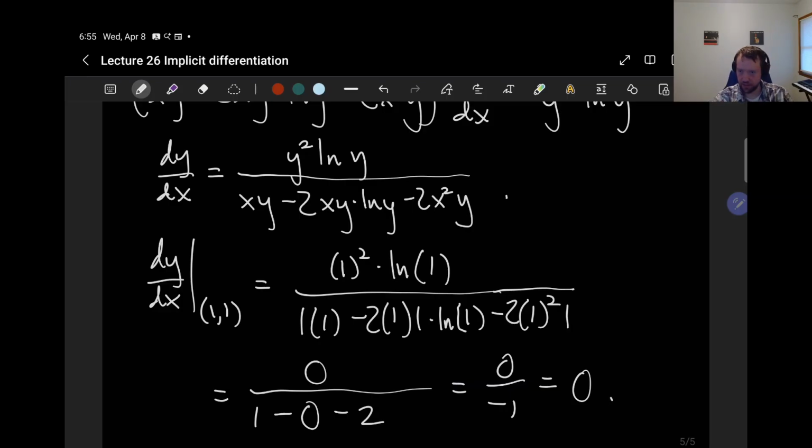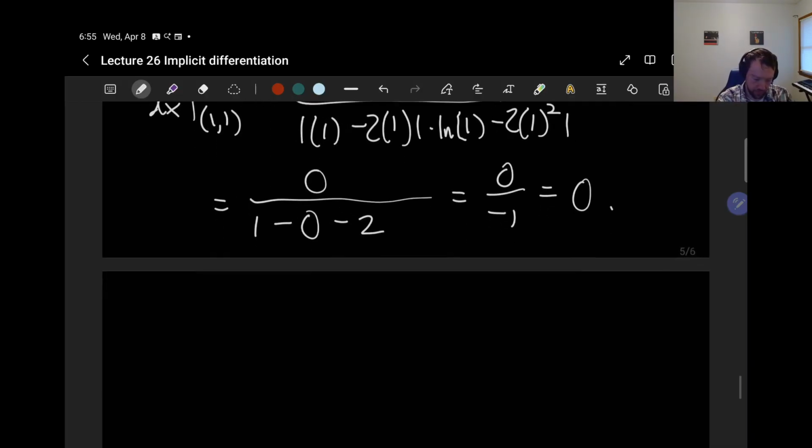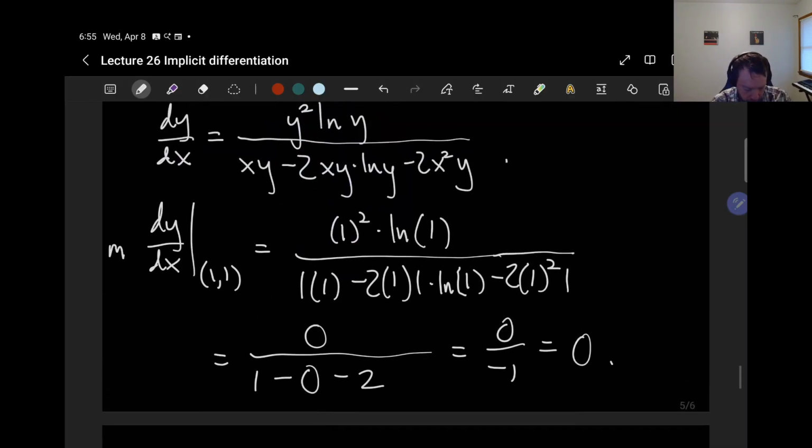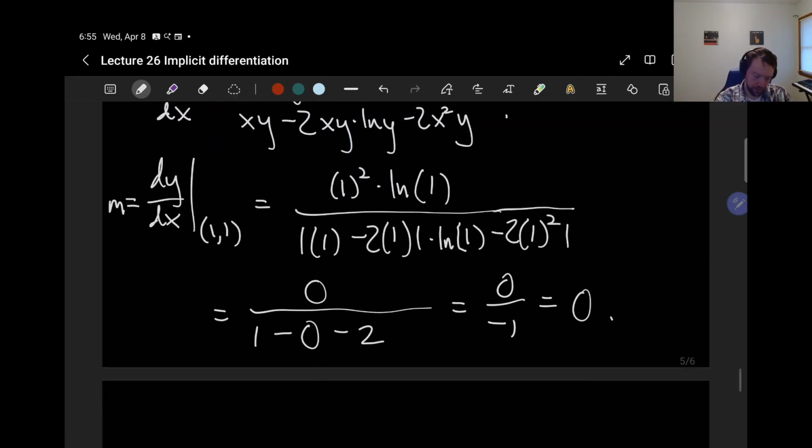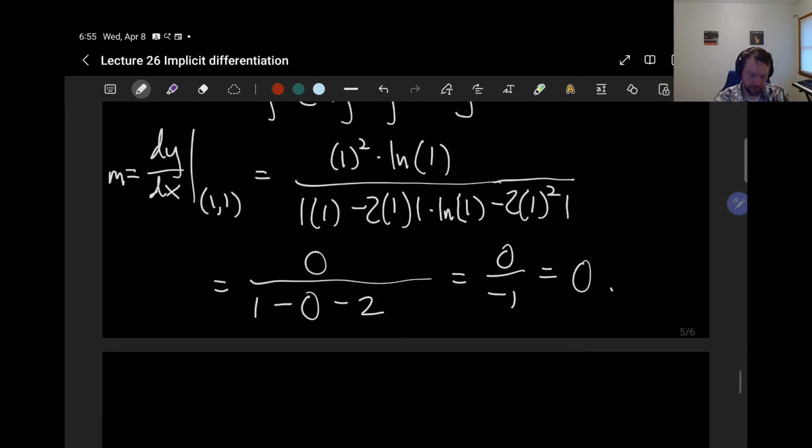So that means the slope of my tangent line is 0. So it's this flat horizontal line, turns out. Oh, this was m, the slope, by the way. I wanted to write that. So that does give us a pretty simple form.